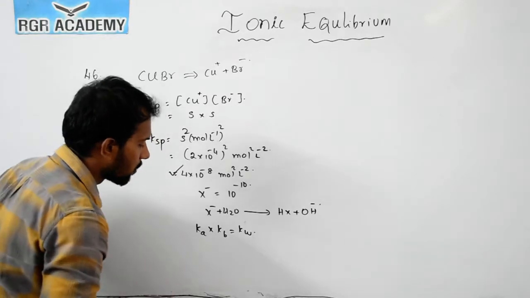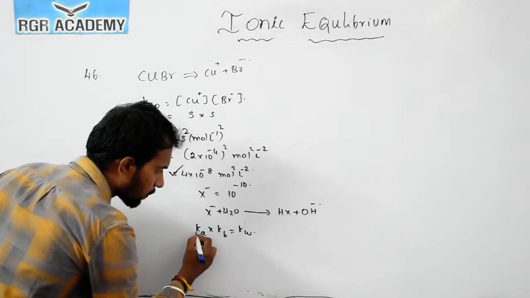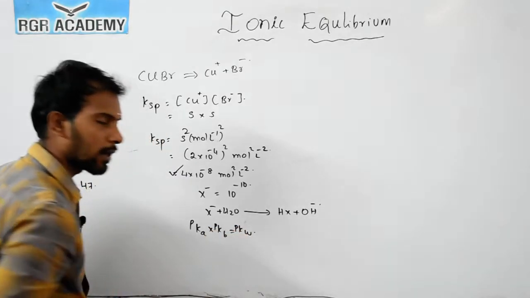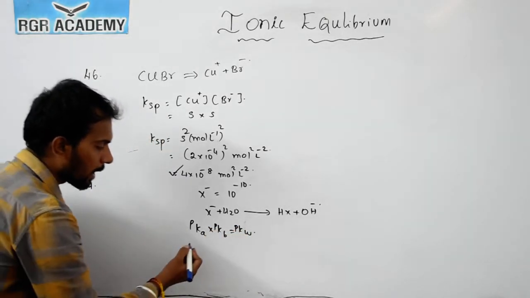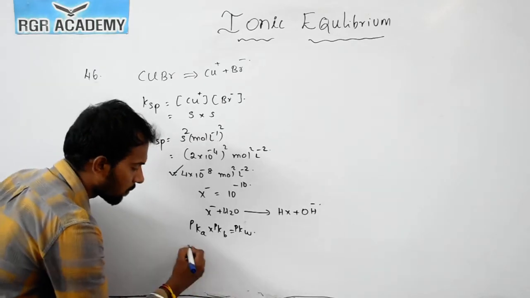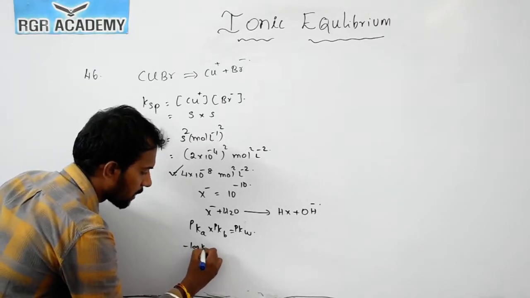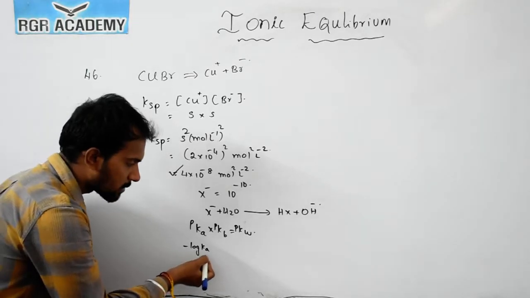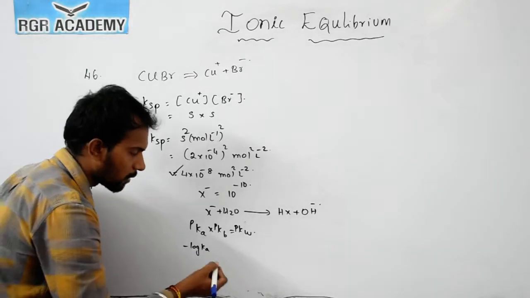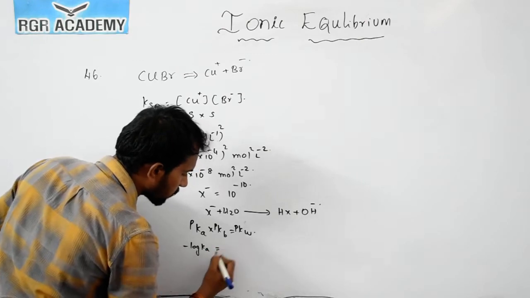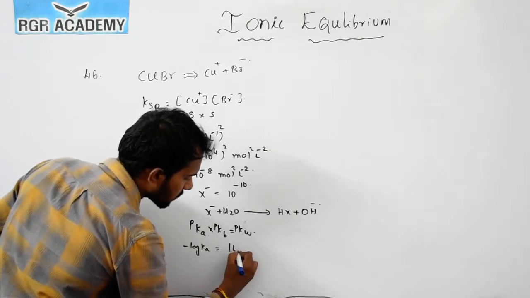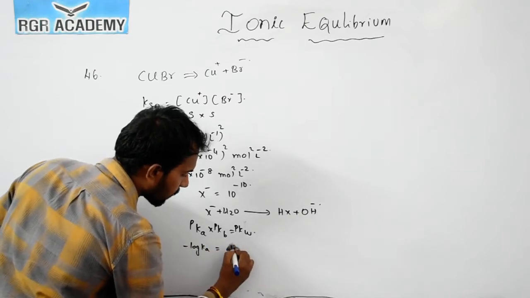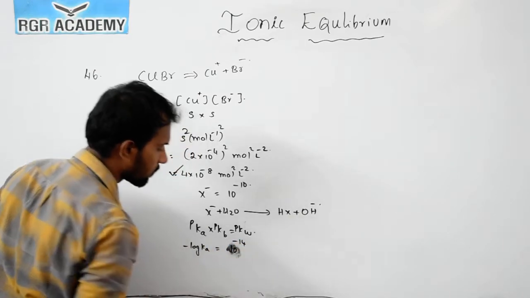Now see this one, what is Ka? So pKa plus pKb is equal to pKw, we can write it as. What is pKa? We don't know, so minus log Ka. And pH plus pOH is equal to 14, which is pKw, so Kw is 10 power minus 14.